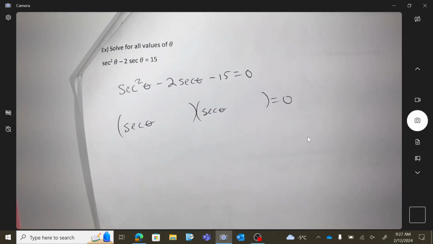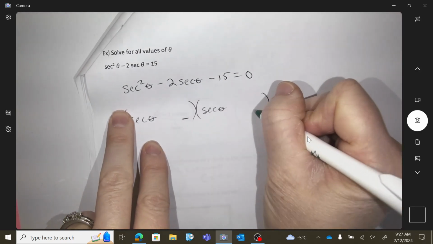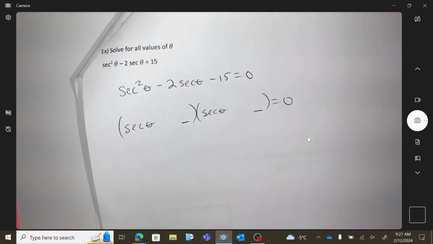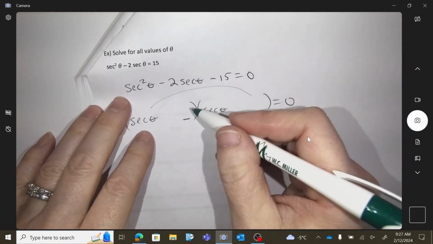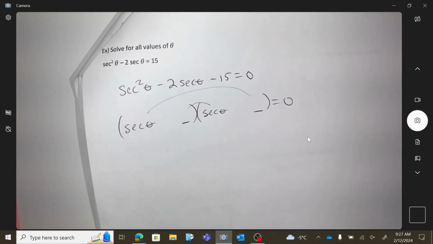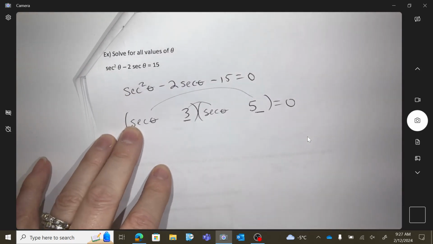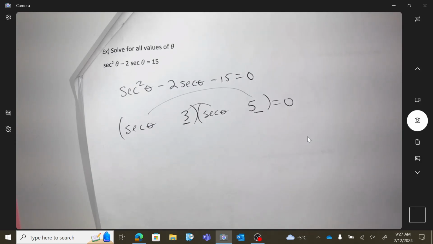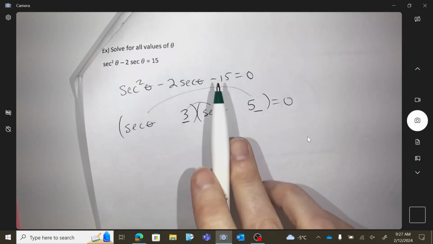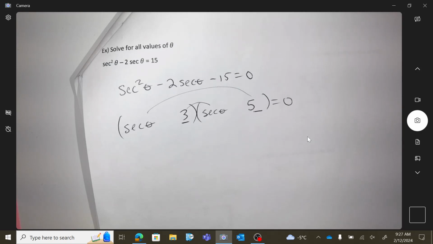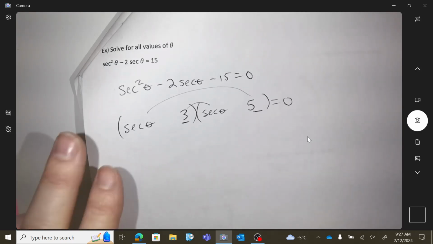And then I need to multiply to 15, and I got to remember that my combo needs to make a 2. So can you think of something that multiplies to 15, and then you can make a 2 out of it? 3 and 5. There's going to be a plus and a minus because there's minus 15. So I need to get that to be a minus 2.